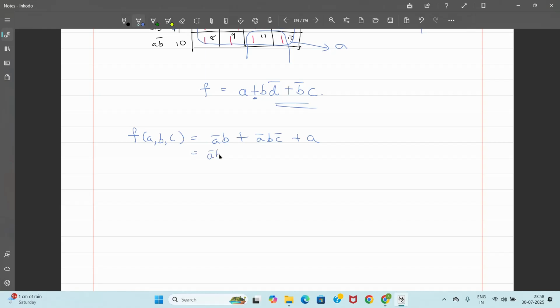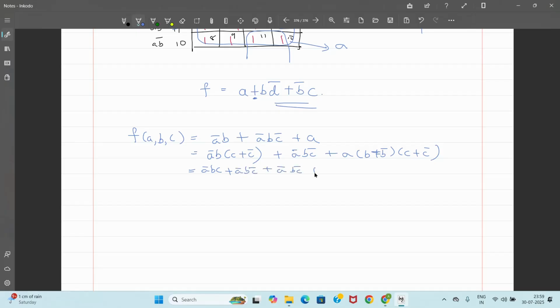So here you have three variables mentioned, which means there is one variable missing in the first term, C. So I'll write A bar B as it is and include the missing term like this. Whereas in the second term, there is no missing term. All the three variables are there. In the third, there are two missing terms, B as well as C. So I should include them. Okay. Now open bracket and multiply.